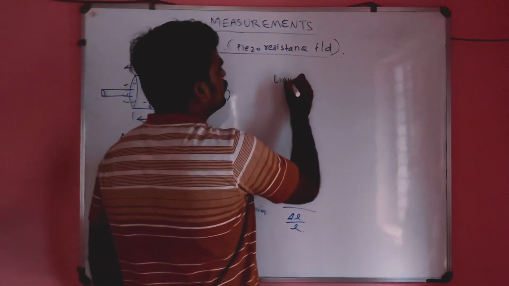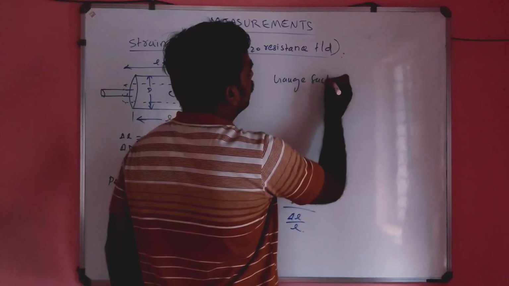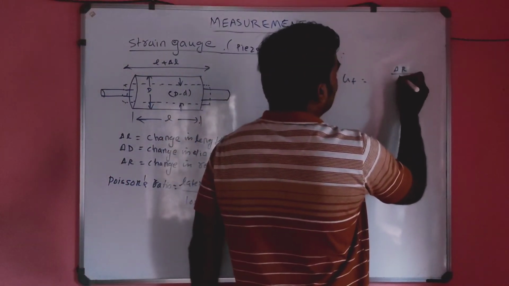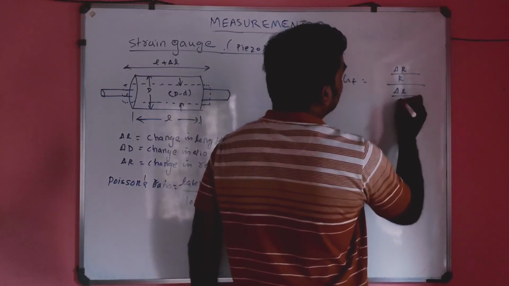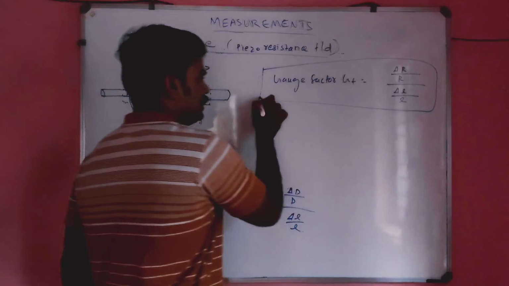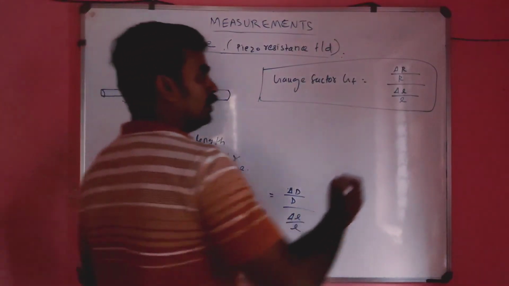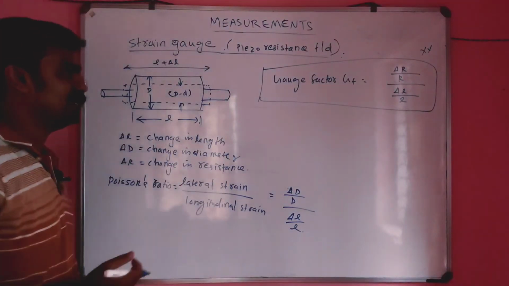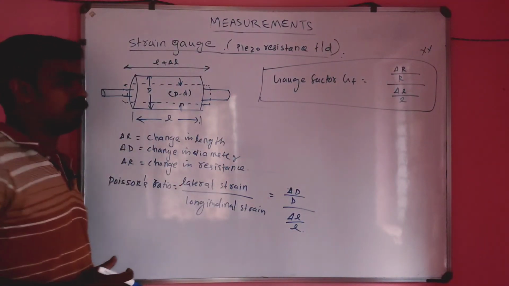And gauge factor is nothing but GF is equal to delta R by R divided by delta L by L. It's very, very important. From this session, only this point is very, very important. This is directly asked in the university examination, you know, university competitive examination. What is the expression for gauge factor?